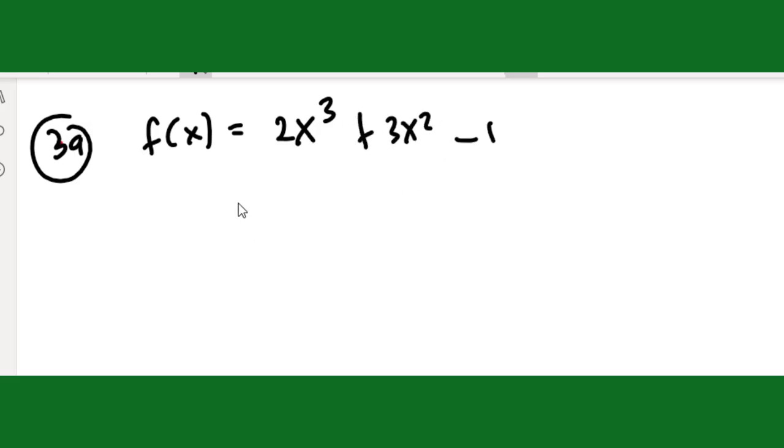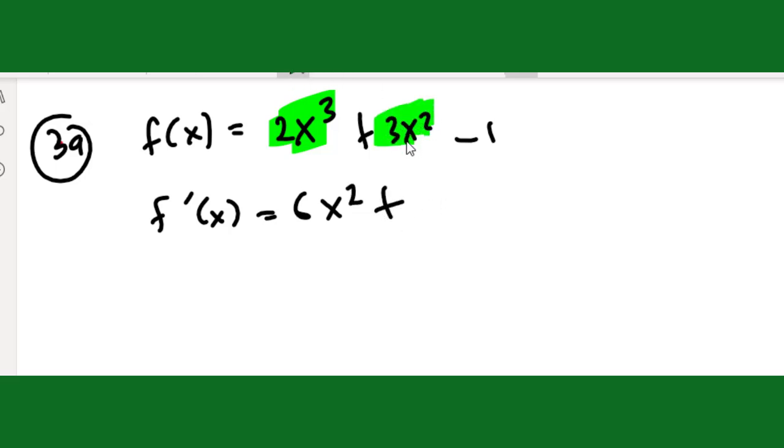For 3A, differentiate this function f of x equals 2x cubed plus 3x squared minus 1. f prime of x, use the power rule. Bring 3 to the front, so 6x to the power 3 minus 1, which is 2. Plus this one, bring 2 to the front: 2 times 3 is 6, and x to the power 1.